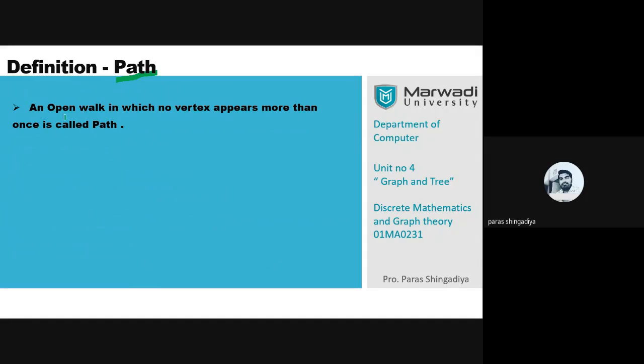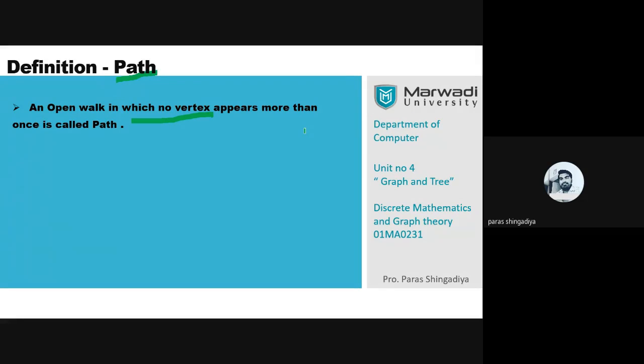But in a path, we consider an open walk in which no vertex appears more than once. Now I have to consider such a type of walk which is open, and in this walk no vertex is repeated. That type of walk is known as a path.